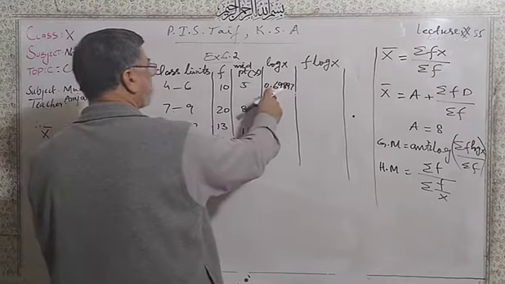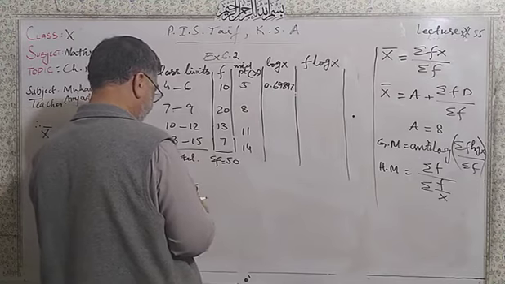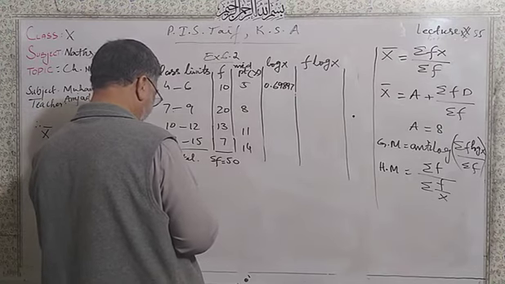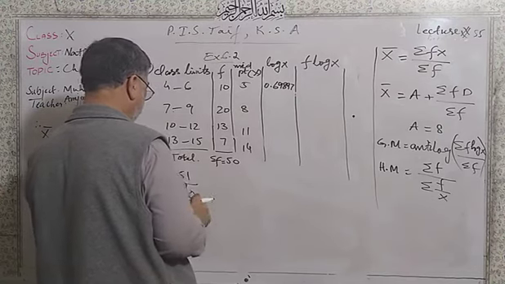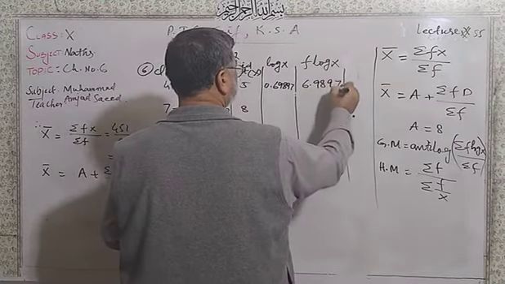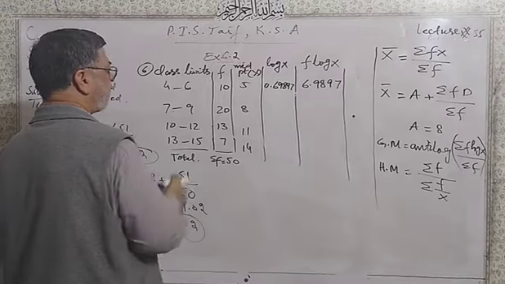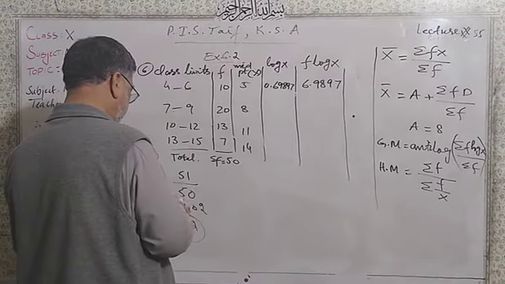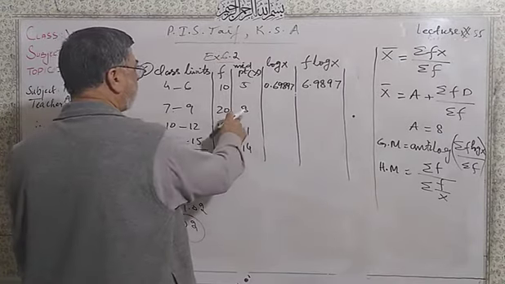This is log X multiplied by F. Yes, your answer is 6.9897. After that, you will find log 8.